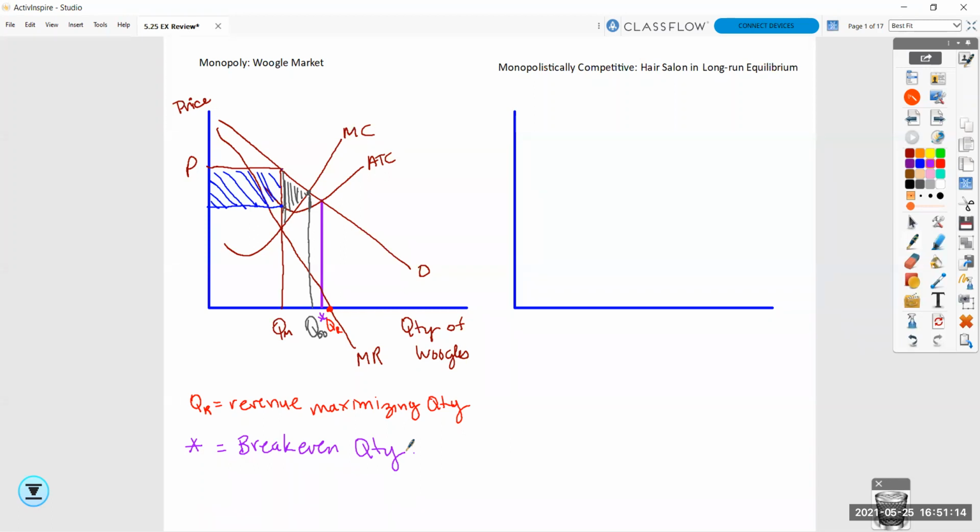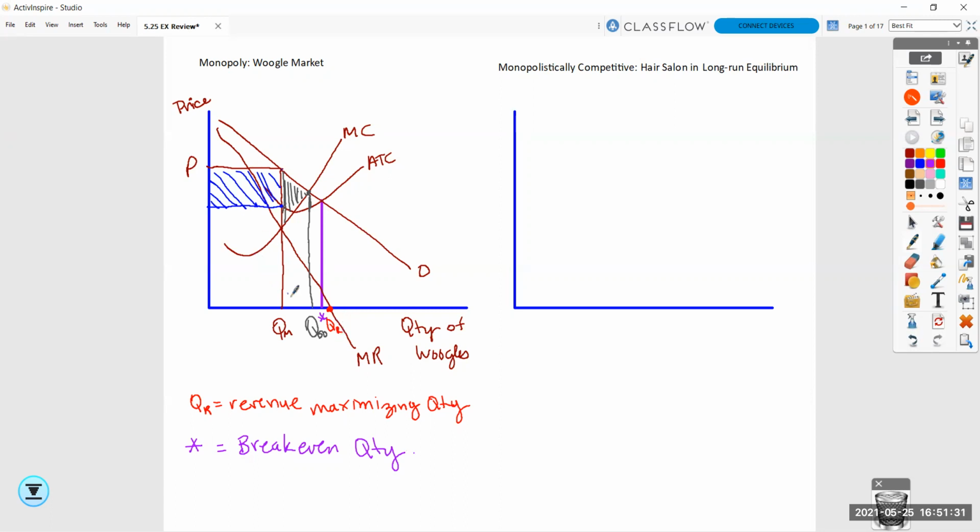Now, one other thing that they'll ask you is, what is the price elasticity of demand at any one of those quantities? That's when you're looking at your marginal revenue curve.